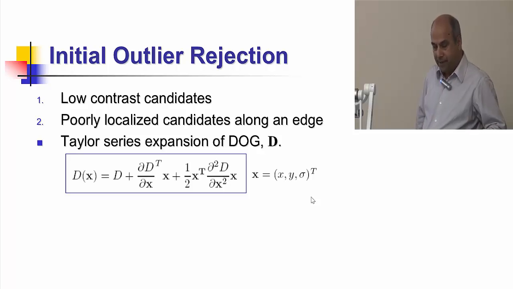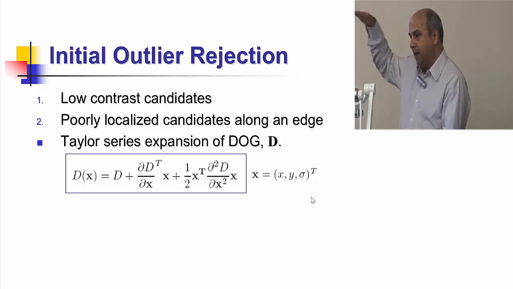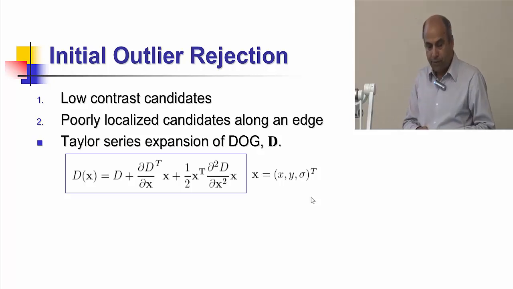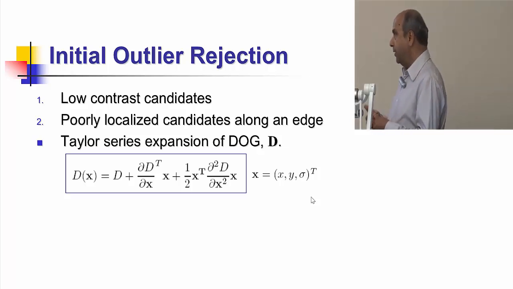What we have as output are many difference of Gaussian images, and we have x, y in each, and then we have sigma. So this is a three-dimensional function of x, y, sigma. That function is D of x, where x is a vector of x, y, sigma, and we are going to do the Taylor series of that.